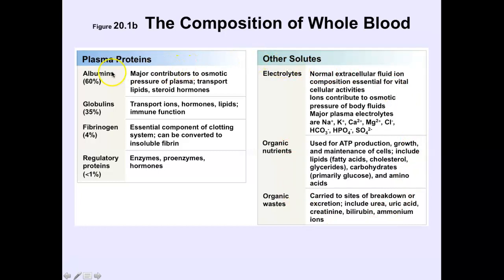Let's go through some proteins. Number one is albumin. Albumin is the most abundant protein of your blood plasma, and this is the one I mentioned just before. It's required because it maintains the appropriate osmotic pressure of the plasma, so that your body doesn't swell or lose too much water.